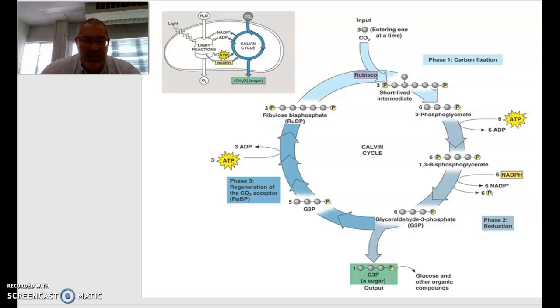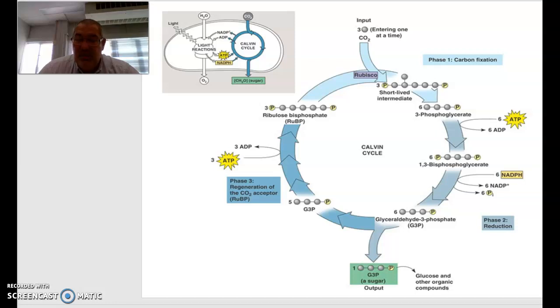Melvin Calvin discovered and helped put together this particular cycle, put together what the reactants in the cycle were. He was awarded a Nobel Prize for putting this cycle together in 1961.